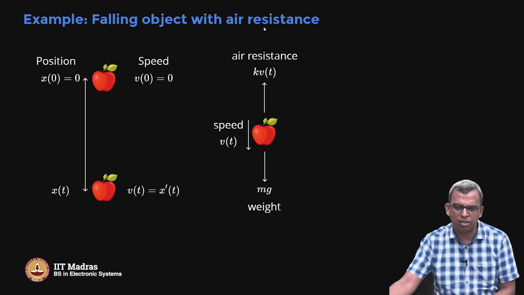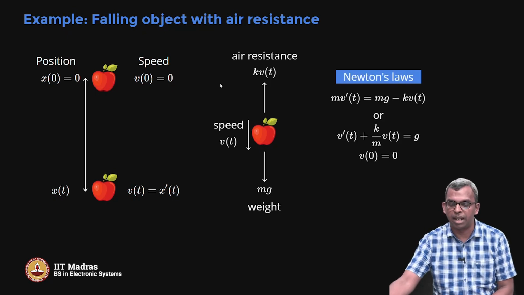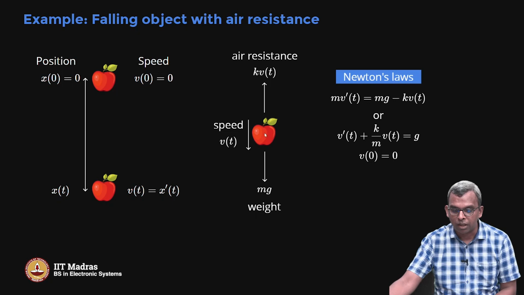Now this has been observed several times in physics, and this is the correct model for an object falling in air with air resistance. When you have air resistance like this, the equations governing the motion change dramatically. What happens to Newton's laws? What is the net force acting on this object? It's mg minus k v of t, a net downward force.